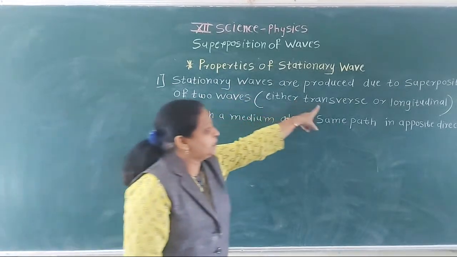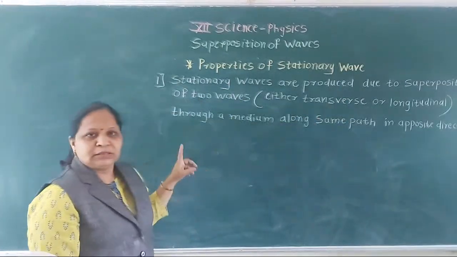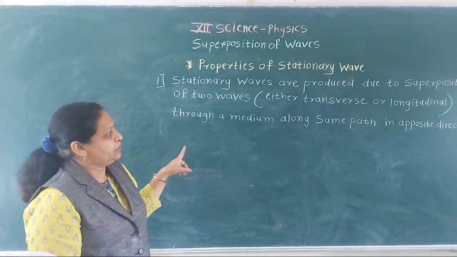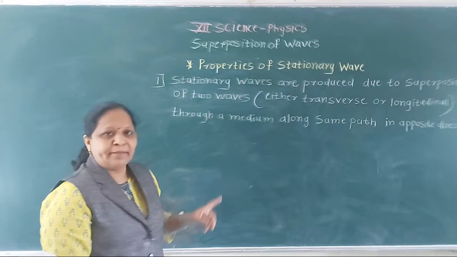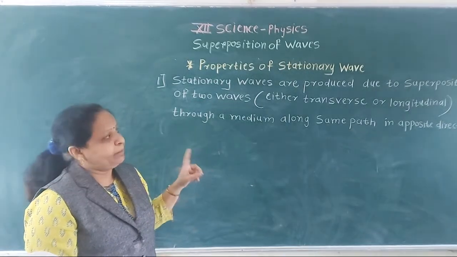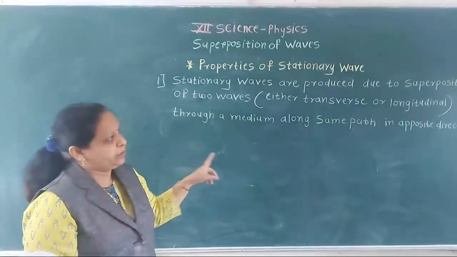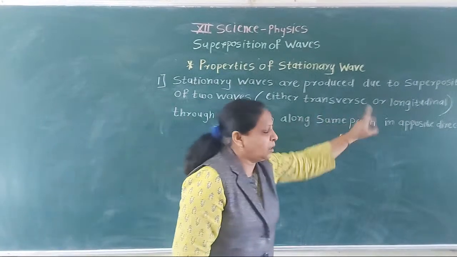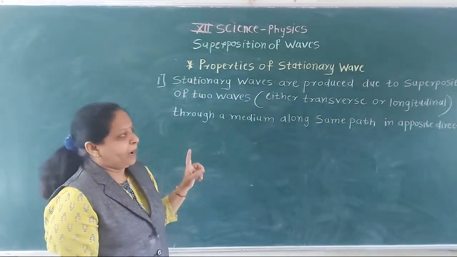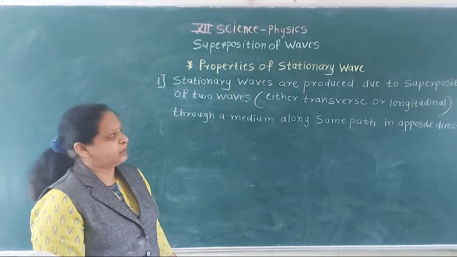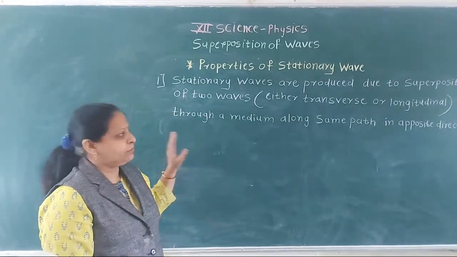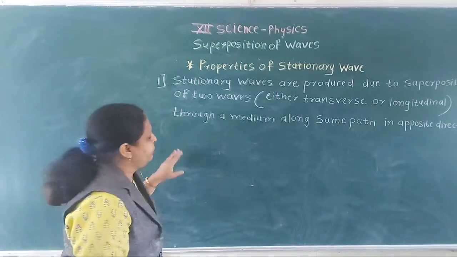Now, either transverse or longitudinal wave. Transverse wave means where the particles vibrate in a direction perpendicular to the direction of propagation of wave, and longitudinal wave means the particle vibrates in a direction parallel to the direction of propagation of the wave. Now first we consider transverse waves.